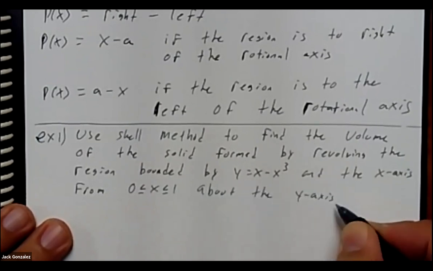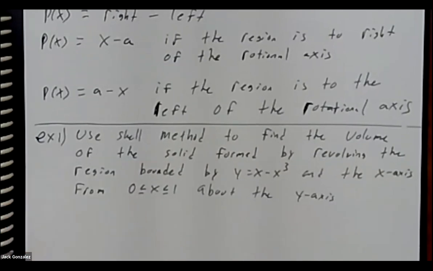So this is telling you where they're rotating. About the y. If I'm rotating on the y, that means my slice has to be what? Or shell?